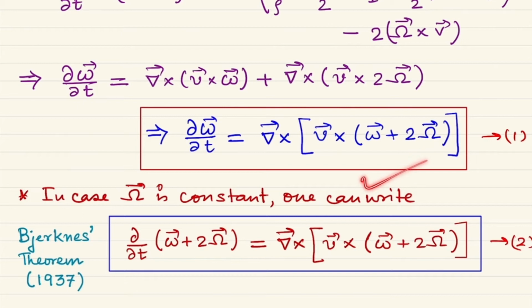The answer is no. Because if your initial vorticity omega is 0, you still have this 2 times capital omega, which is there. So that will give you a finite non-zero del omega del t.